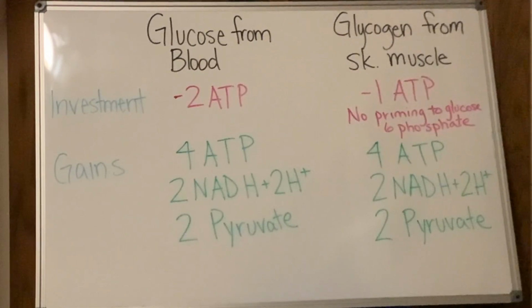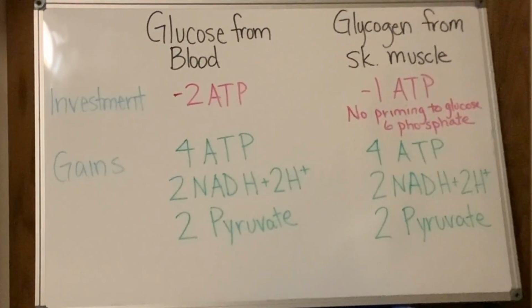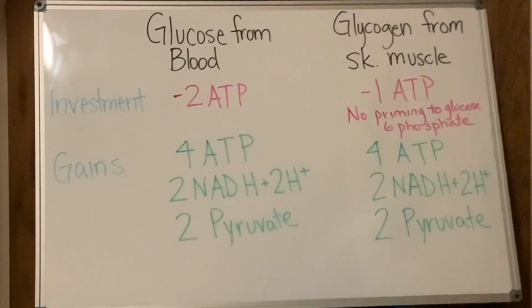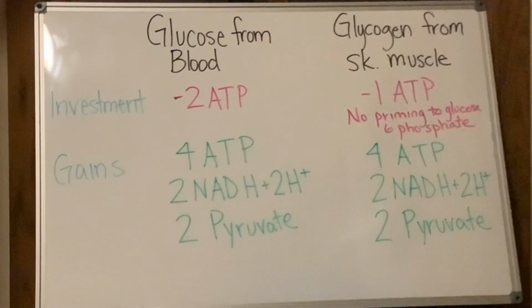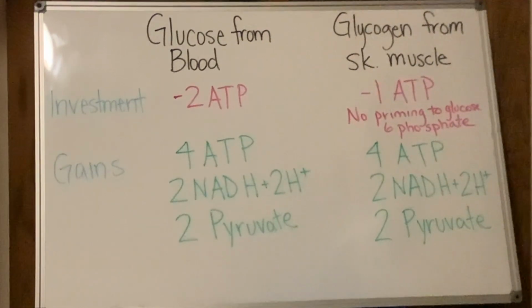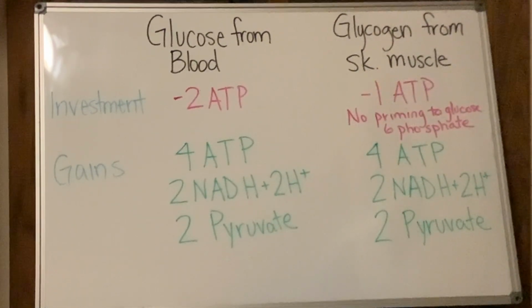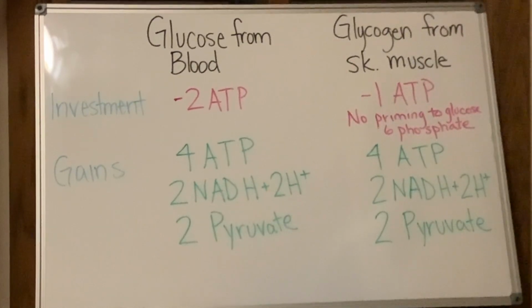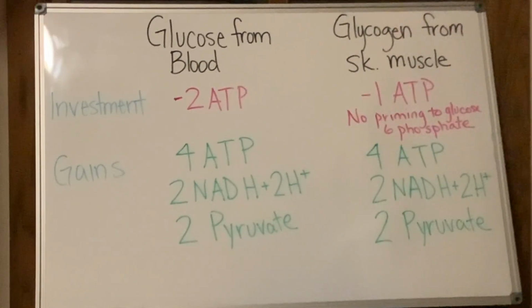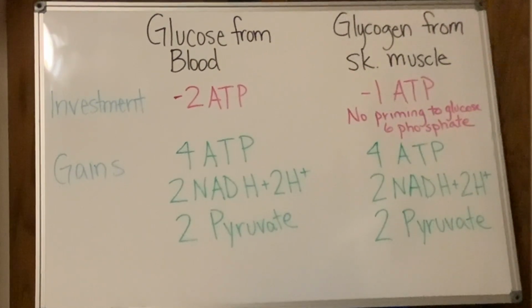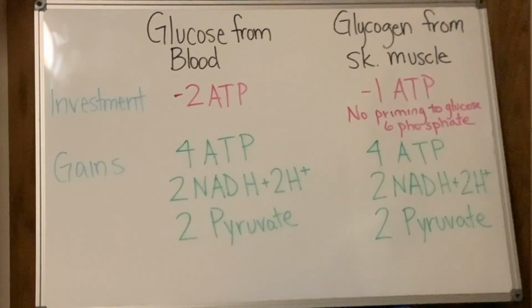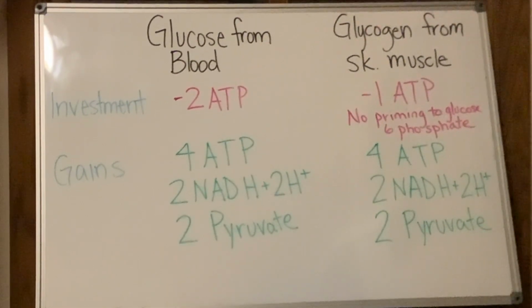However, if the glucose came from muscle glycogen, we did not have to prime glucose into glucose 6-phosphate. Therefore, muscle glycogen going through glycolysis gives us 1 additional ATP per molecule of glucose compared to glucose brought in from the blood. In terms of gains, both glucose molecules have the same gain.